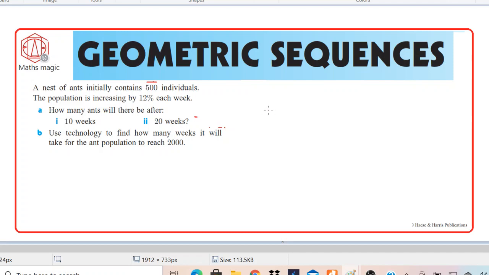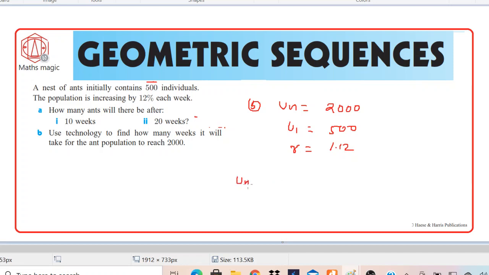So we don't know what the number of terms should be, so un is equal to 2000 right now, and u1, as you know, is 500, and the common ratio we already figured out is 1.12. So how can we set this equation?